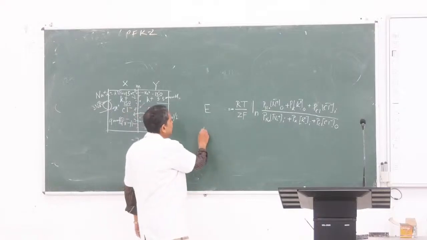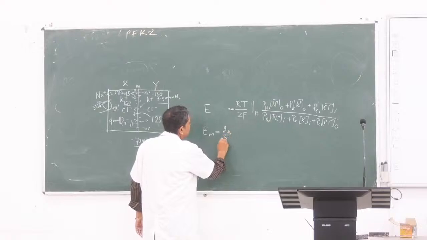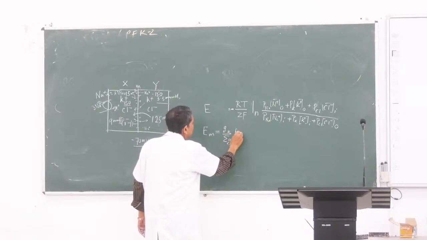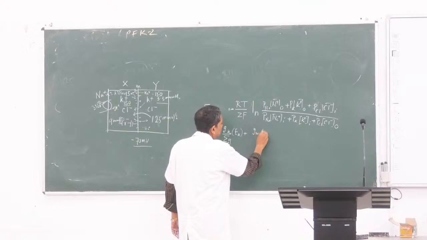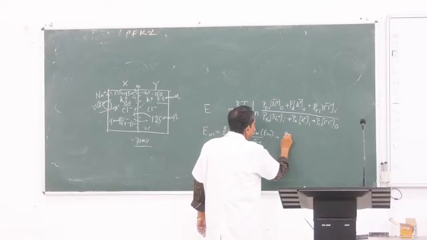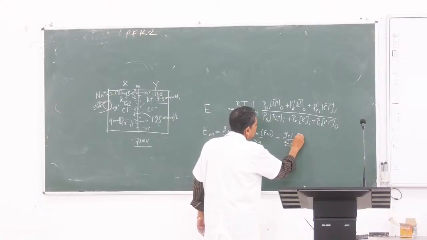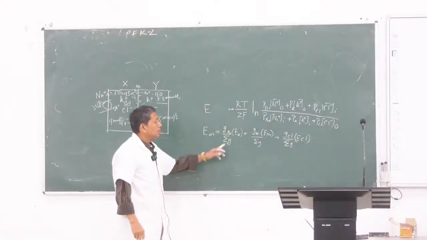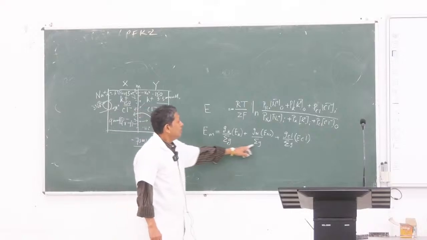EM is equal to, suppose, GK divided by sigma G into EK, and so on. So it is the weighted average.